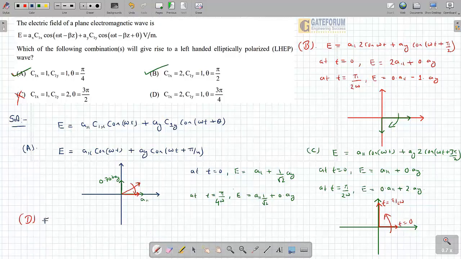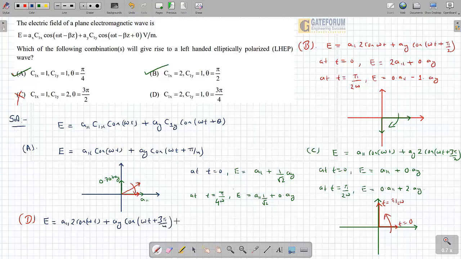So here in this case, E is going to be Ax cos omega t plus Ay cos(omega t plus 3 pi by 2).